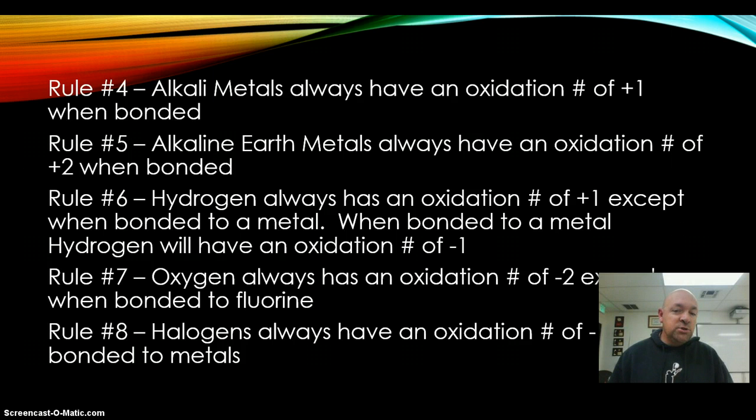Whichever one is more electronegative will end up with the negative oxidation number, and whichever nonmetal has the weaker electronegativity will end up with the positive oxidation number. And that's something we're going to cover tomorrow in part 3, how to deal with covalent bonds. It's not quite as simple as ionic bonds, but it's still not too difficult. So we'll take a look at that tomorrow and deal with that at a later time.